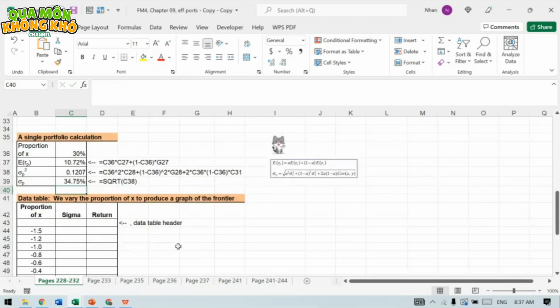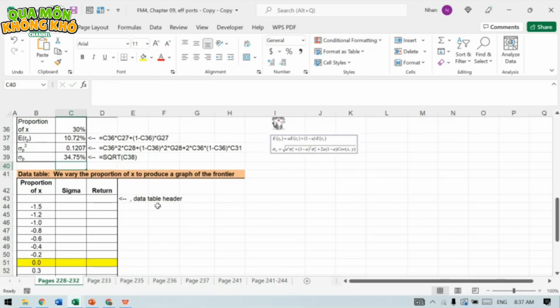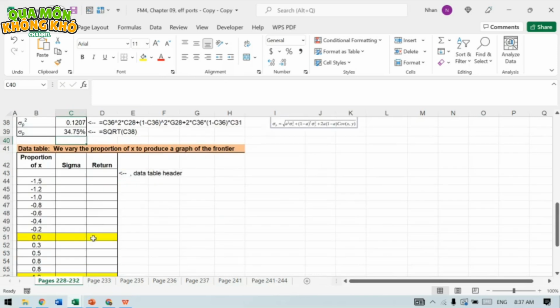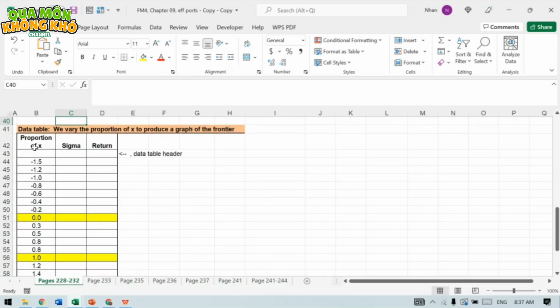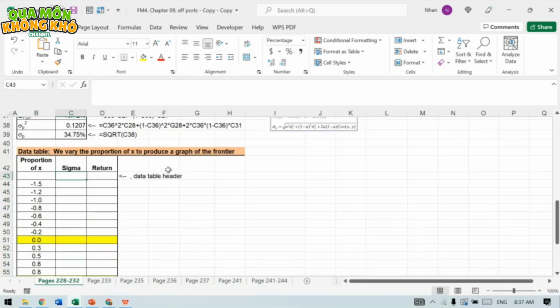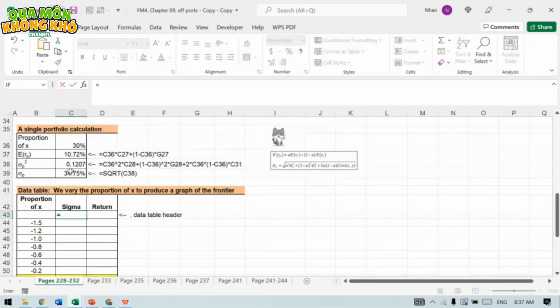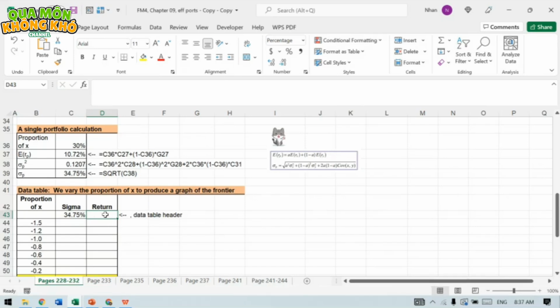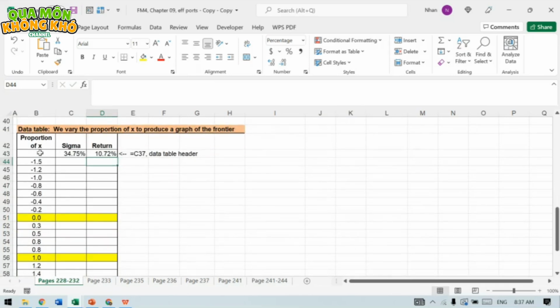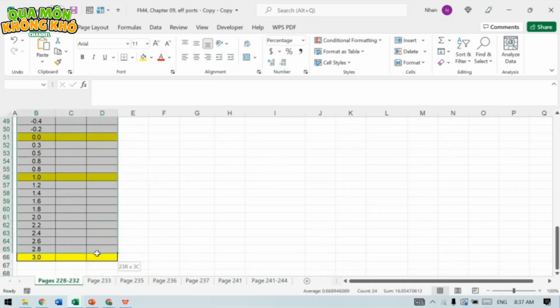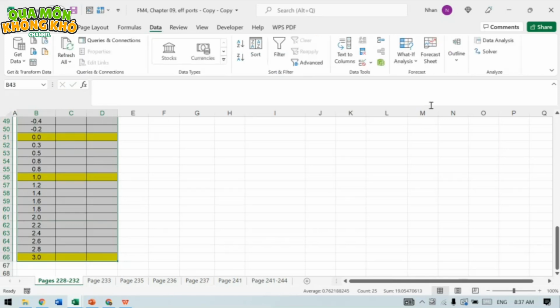So to graph the frontier, I will vary the proportion of X and then get the expected return and the standard deviation of the portfolio P. So I will use the data table to do this task. First, I need to put the inputs here, sigma and return, and then use the data table in what-if analysis.